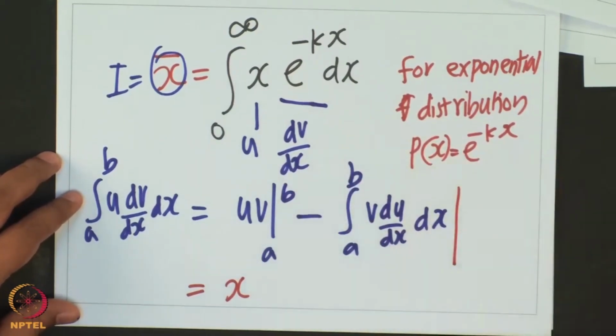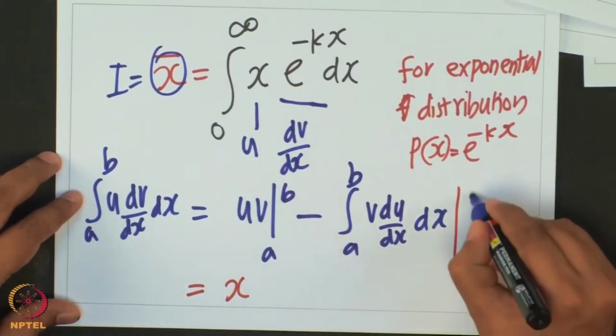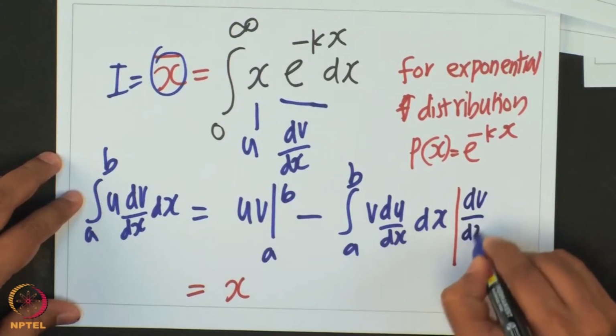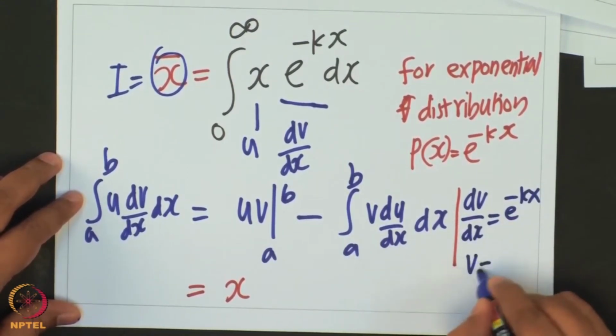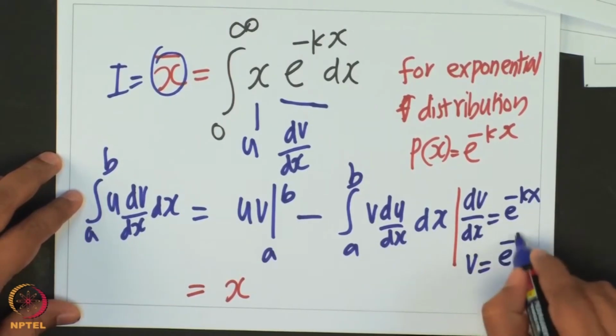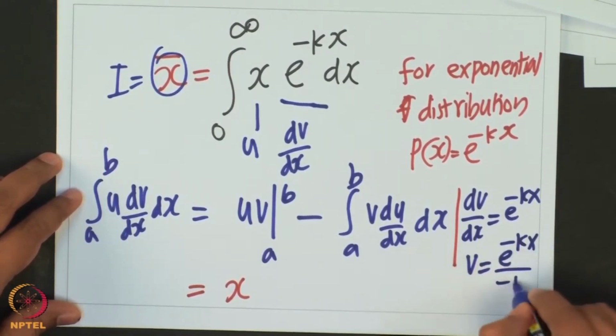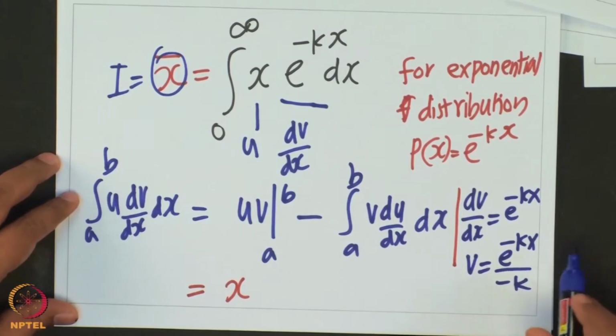So what are we saying? We are saying dv by dx is e power minus kx. So v is the integral of this, which is e power minus kx divided by minus k. That is my v.